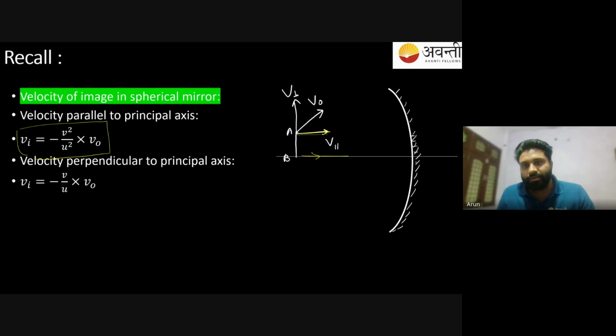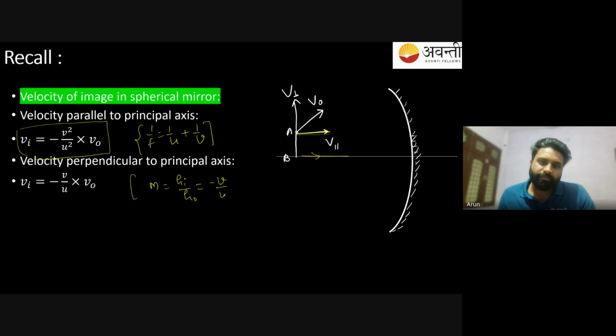For this velocity, u and v are going to change, so to derive this we used the formula 1/u + 1/v. And this is the velocity perpendicular to the principal axis, which changes the height of the image and the height of the object. So we used the magnification formula hi/ho = -v/u. Got it? These are the two formulas that we have.